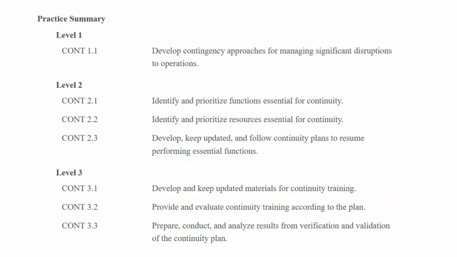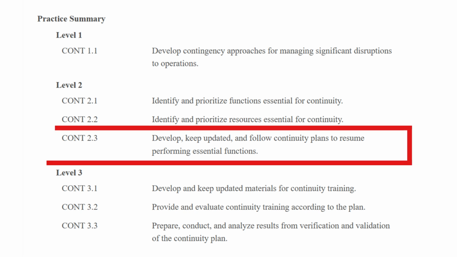Having identified resources and functions that are critical to business continuity, CONT 2.3 then looks for us to develop a comprehensive plan for continuity to ensure those resources and functions are either protected or can be restored as quickly as possible. Note that a single business continuity plan may not be sufficient to deal with the variety of different types of scenarios that could occur.